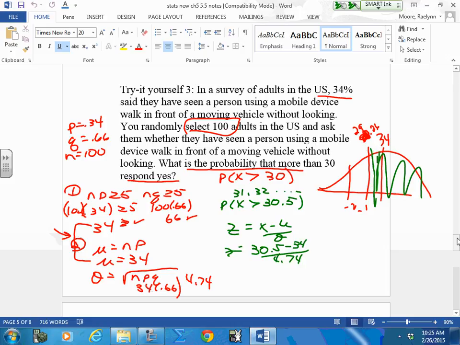And you find your z-score. And it still has to match your graph. So your z-score is negative 0.74. And it does fall between the 0 and the 1. When I look up negative 0.74, I get 0.2296, and I say, that's certainly not greater than 50%, is it? That tells me, good, subtract from 1.